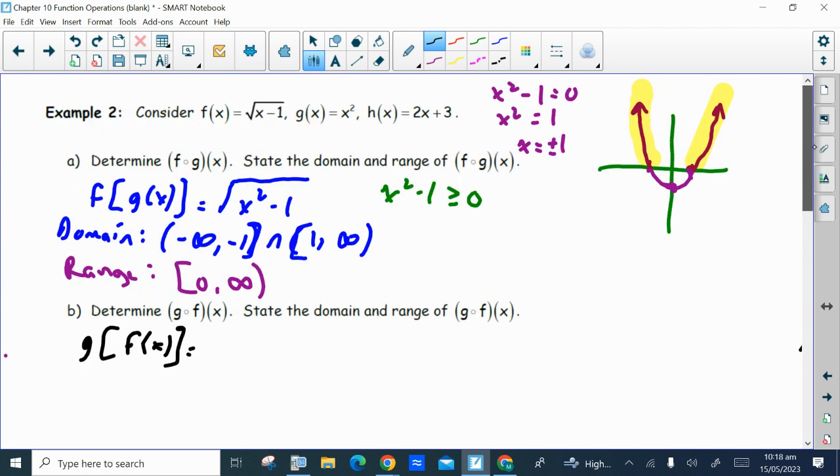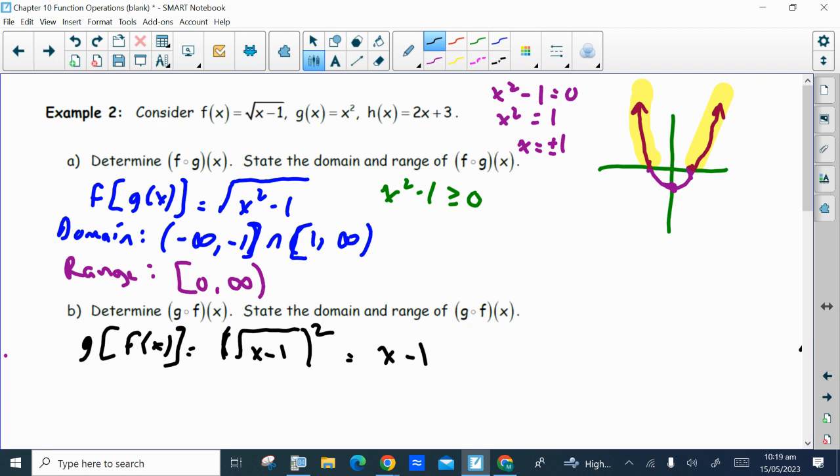You're going to take all of f, the root of x minus 1, and replace that into the variable on g. And whatever happened to the variable in g before, which is that it's all squared, is now going to happen to this. The square root and square cancel each other out, and we get x minus 1.